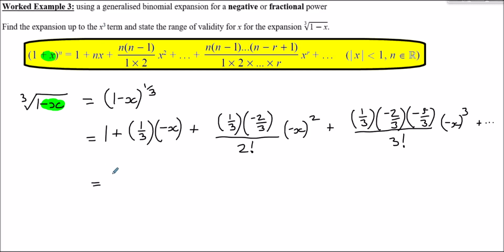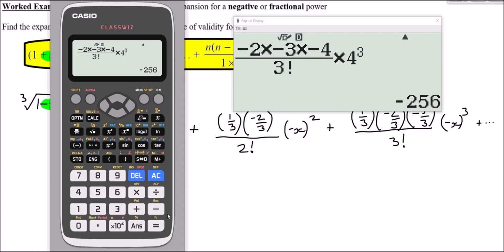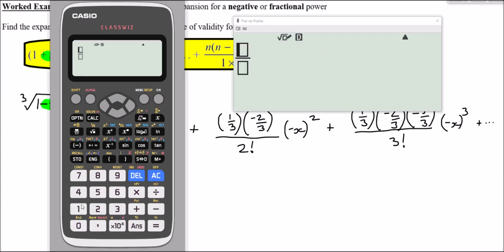If we work this out now, it's pretty simple to do. So 1/3 times minus x is minus x over 3. This next one, I'll show on a calculator, in fact, why not? So we've got 1/3 times minus 2/3.